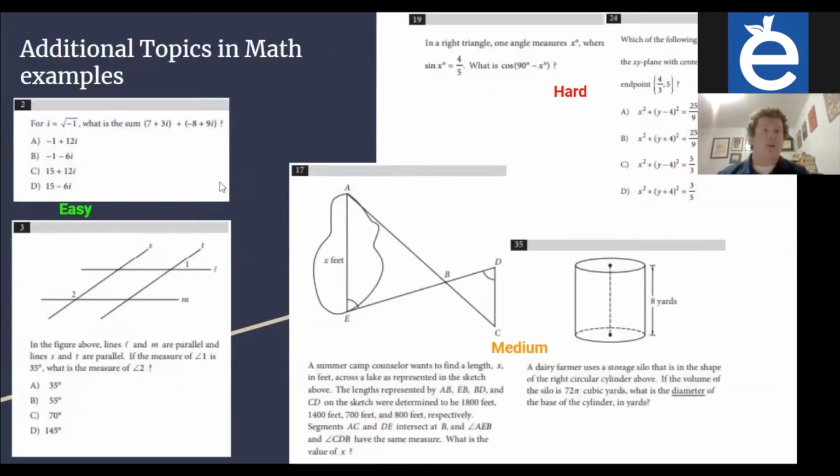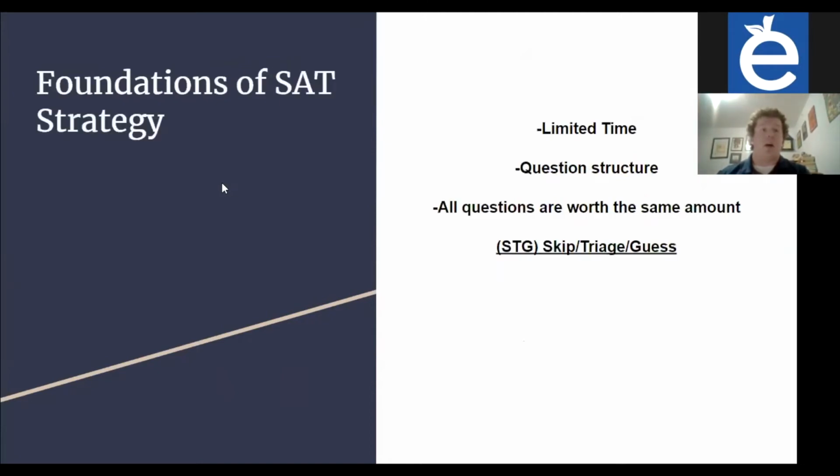Right now, let's talk about the foundation of our strategy. Each part of the test has a limited amount of time, and that's going to affect how you should take the test.